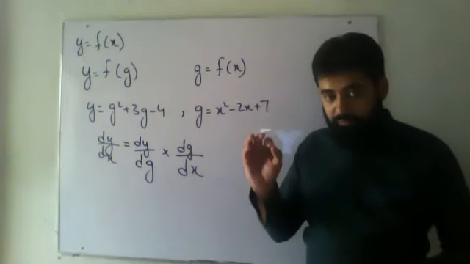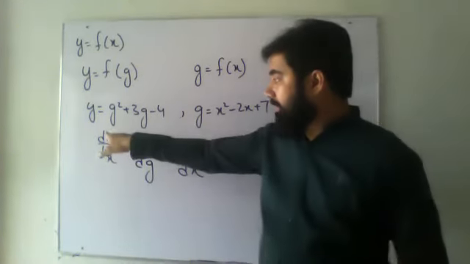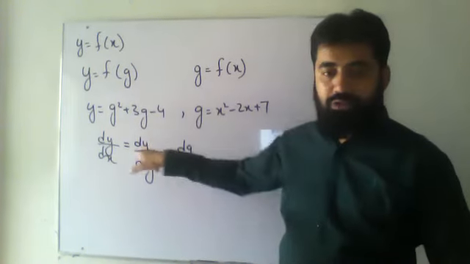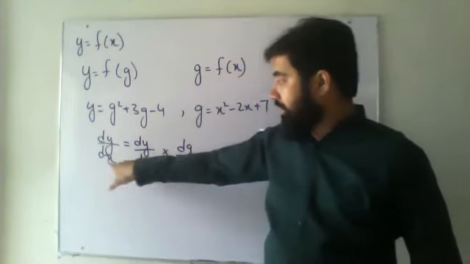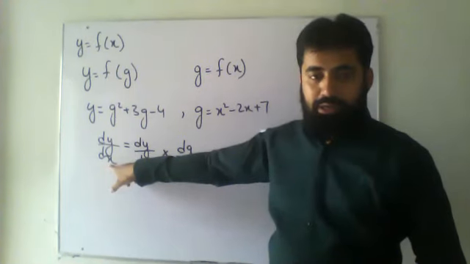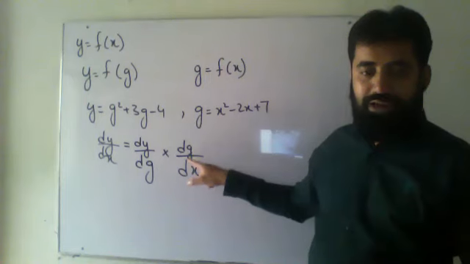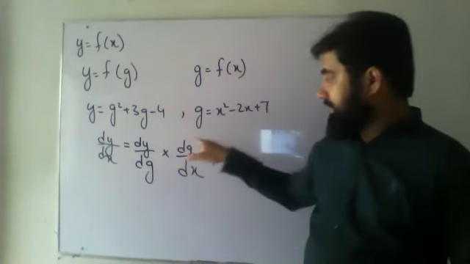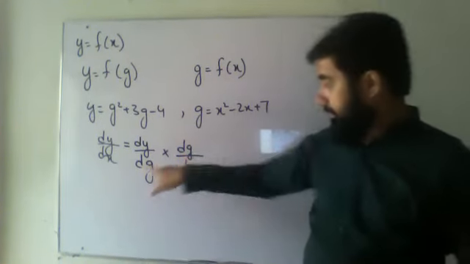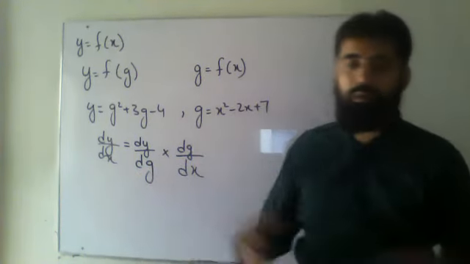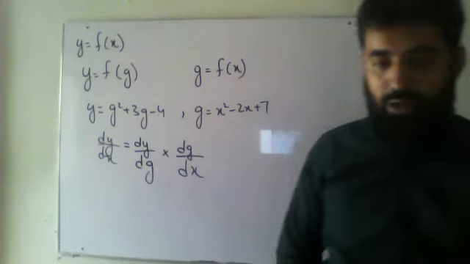Very simple. Whatever is your numerator will be the numerator of your first fraction, and whatever is your denominator will be the denominator of your second fraction. And this will be common. This and this will be the same, and this is how we are going to solve it.